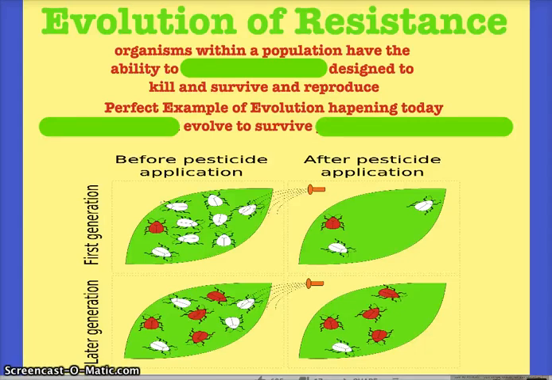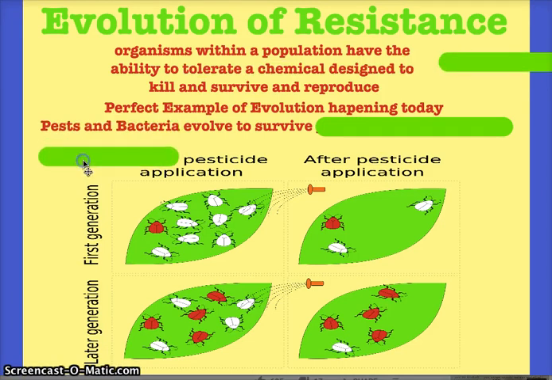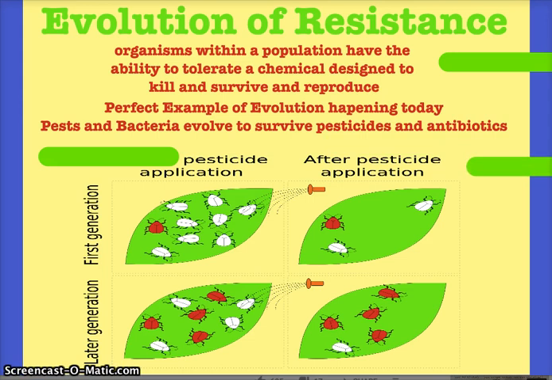What else goes through that same cycle? So you don't just have pests becoming resistant, okay? Good. You've got bacteria. I get goosebumps when I go over this slide. So you have bacteria, which makes you sick. You take antibiotics to get better. The antibiotics don't work because the bacteria has evolved.